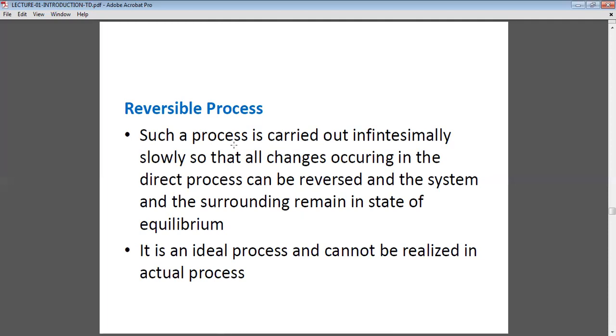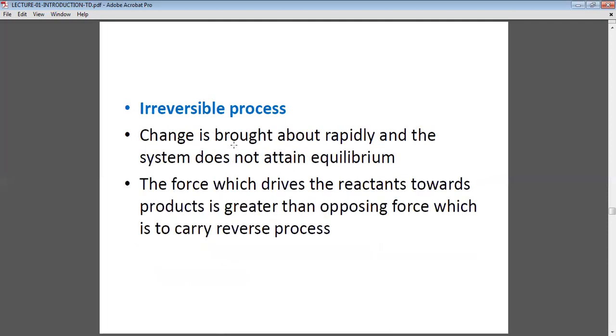We take the reversible process as an ideal process which cannot exist anywhere. Generally, all actual processes are irreversible in nature, but for our ease, we will assume all processes to be reversible processes.